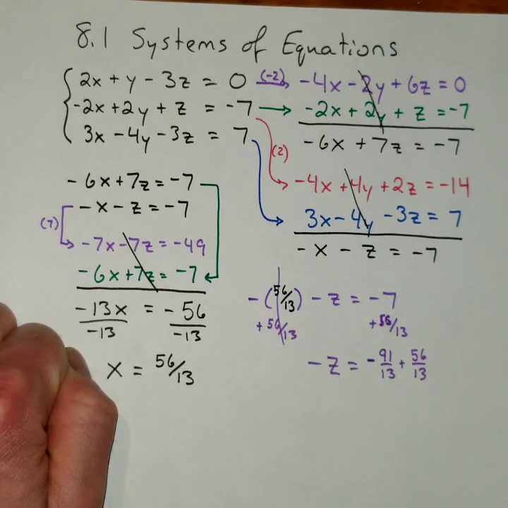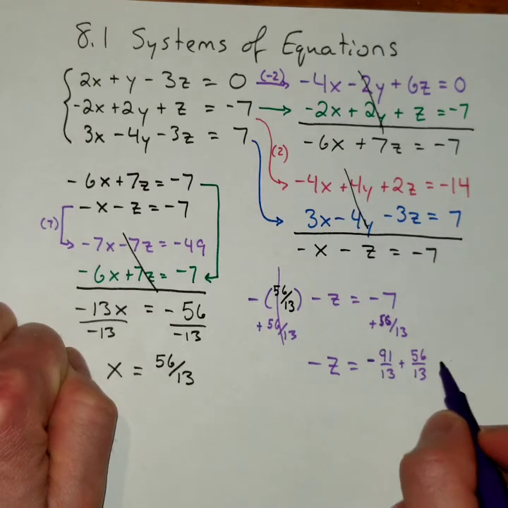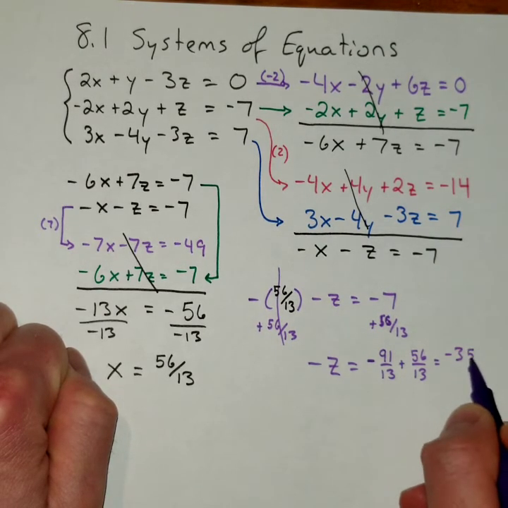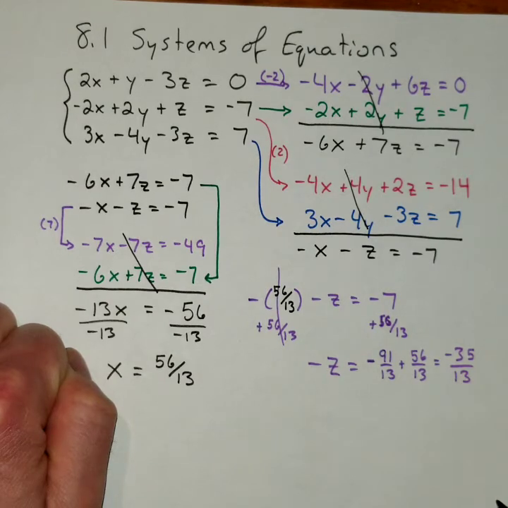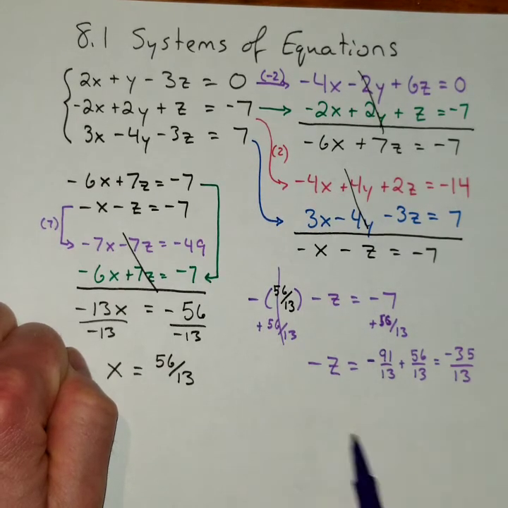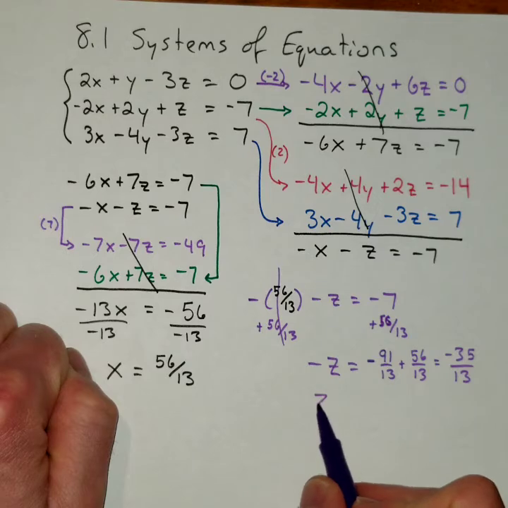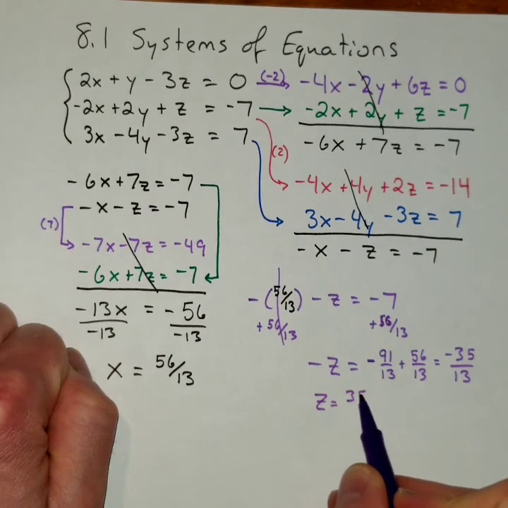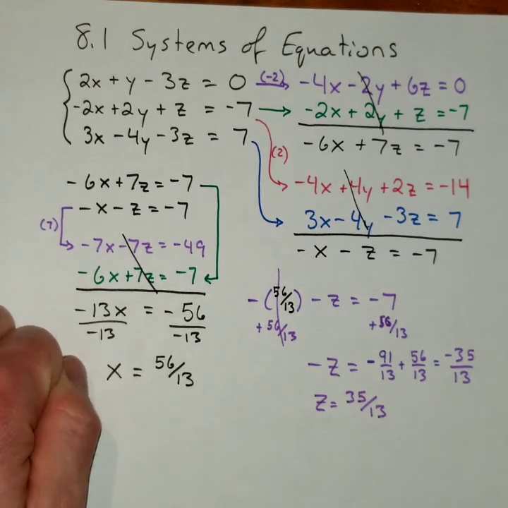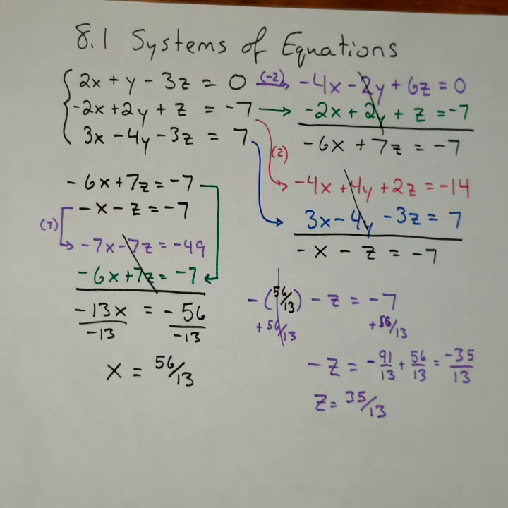And negative 91 plus 56 is negative 35. So it's negative 35/13. Of course, I need to get rid of the negative there. So z actually equals 35/13.